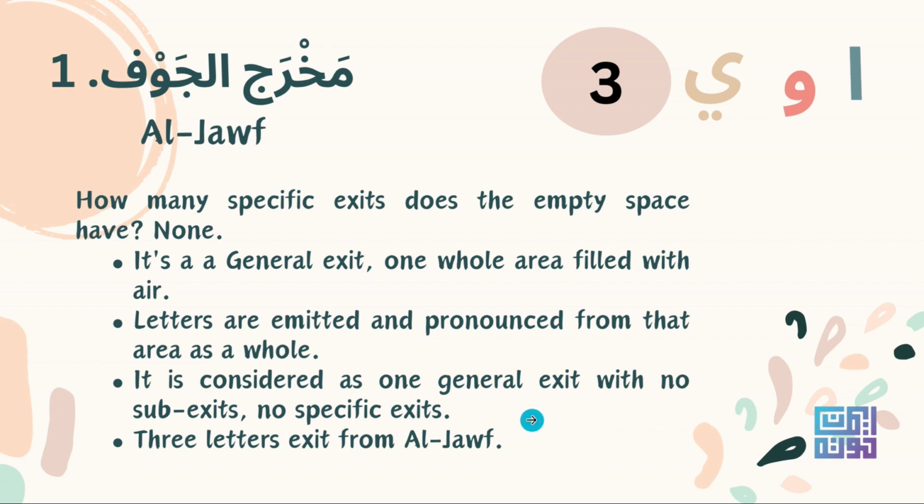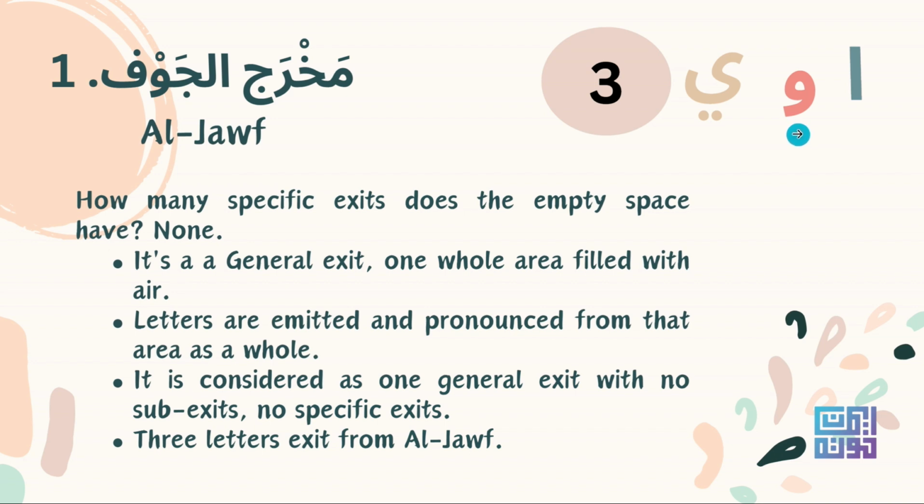There are 3 letters that exit from al-jawf: the alif, the waw, and the ya. But we have to be very careful. The alif at all times is pronounced from Makhraj al-jawf. What about the waw and the ya? It has a certain condition.